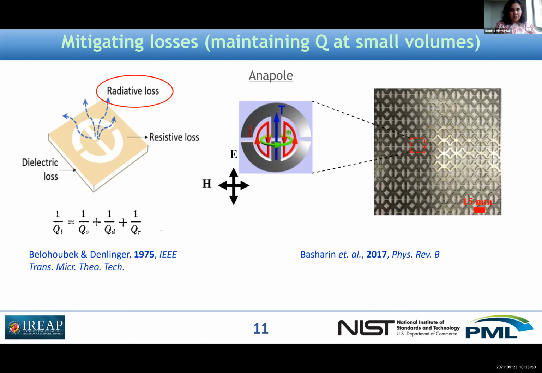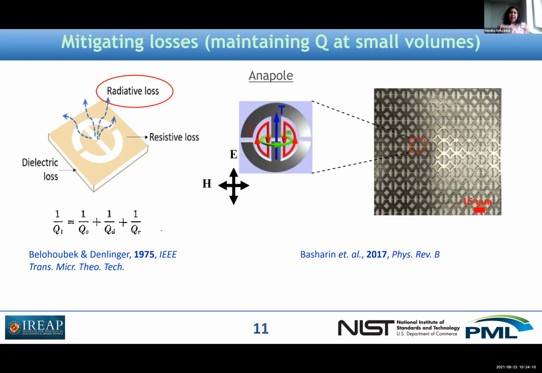So we were advised by a very capable photonics person at NIST that there could be better ways to confine the B1 field in a small volume. And this is one of the ideas he suggested, which is to use the anapole.